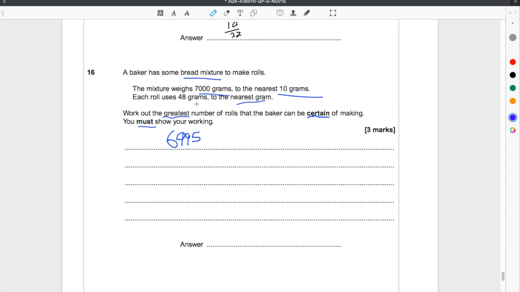And also in the worst case scenario, each roll could end up using 48.5 grams, because this is rounded to the nearest gram. So the upper limit is 0.5 of a gram higher than 48. Because 48.5 would round down to 48, just as well as it could round up to 49.